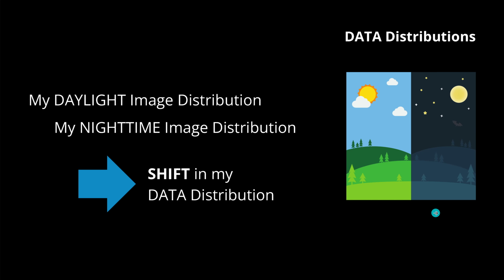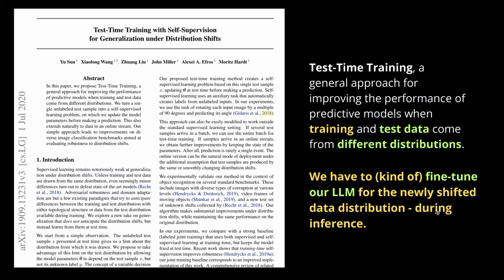And you see already when we can apply TTT. We have, if you want, a kind of fine-tune, a very specific fine-tune, I'll show you in detail, of this newly shifted data distribution. And we can do this because it's only a little bit shifted, during the inference run. So we don't have to pre-train or train it. This is done during the execution of our prompt.